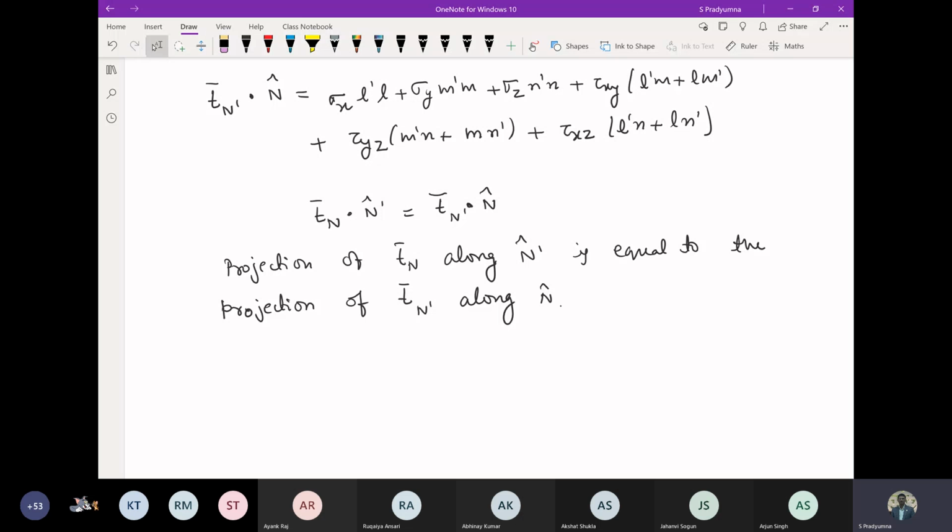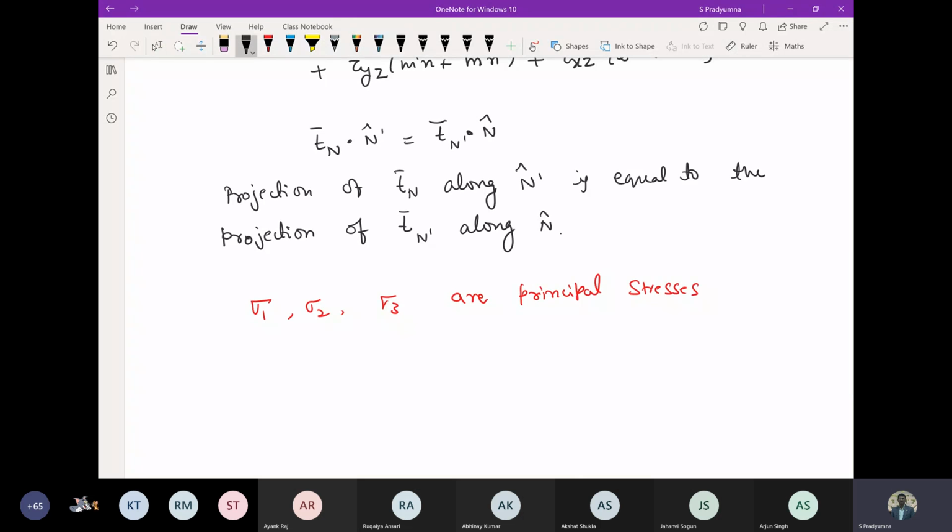Now let's say sigma 1, sigma 2 and sigma 3 are what we call principal stresses. This is the normal stress on a plane in which shear stresses are 0.